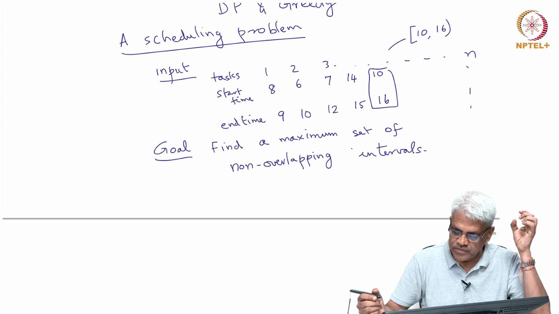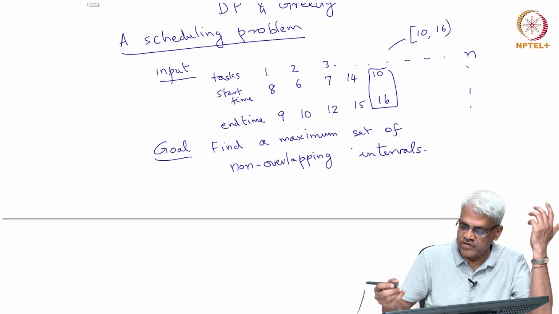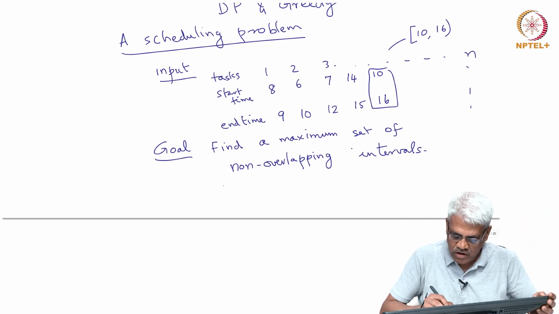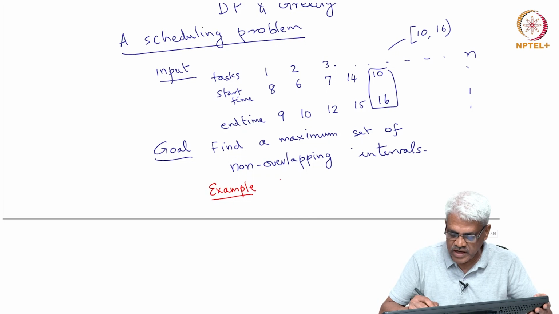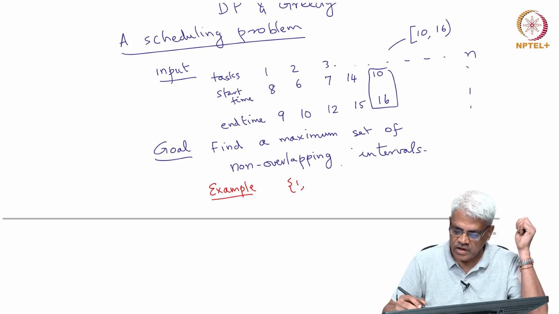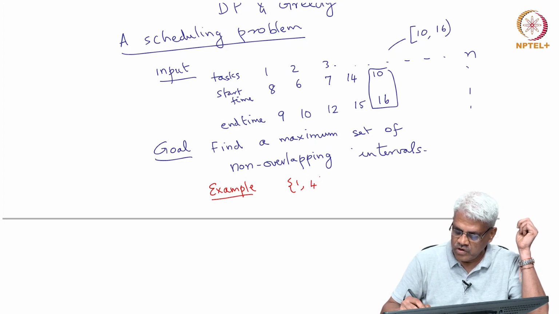I want to find the maximum set of non-overlapping intervals. Okay, so let's say if this is the set of intervals, for example for this above set of start and end times, I could schedule job number 1, that rules out 2, that rules out 3, and then I can schedule 4, for example.